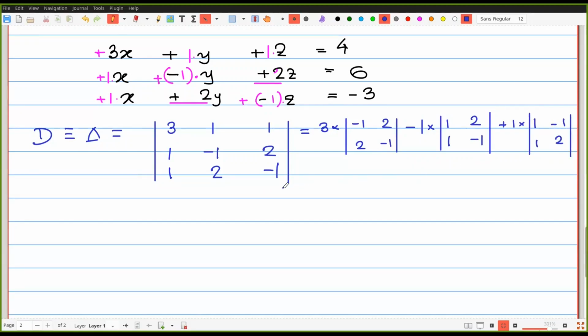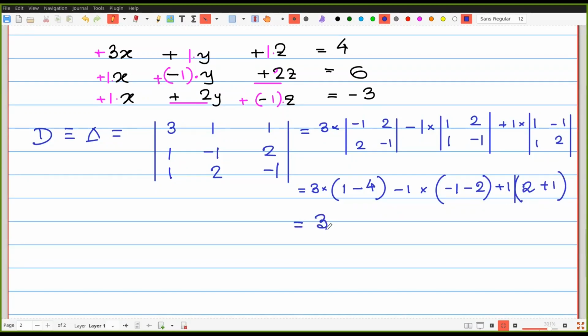Let's check what is the value. 3 into minus 1 into minus 1, that means 1, minus 2 into 2, that is 4, minus 1 into 1 into minus 1, that means minus 1, minus 1 into 2, that means minus 2, plus 1, 1 into 2, that means 2, minus of minus 1, that is plus 1.